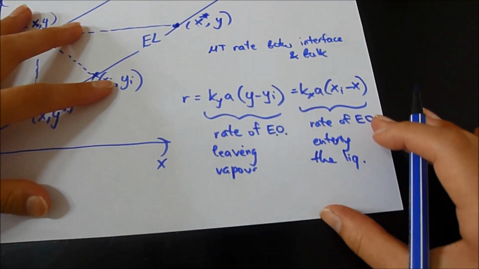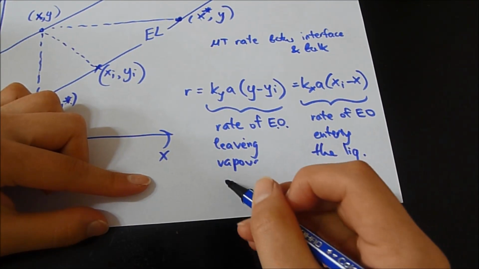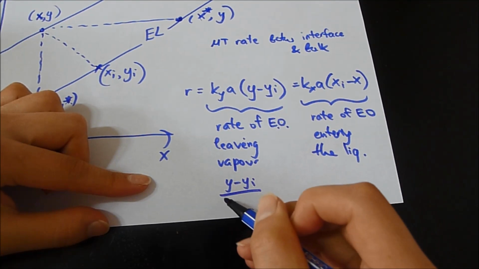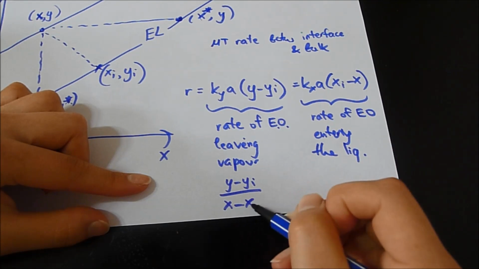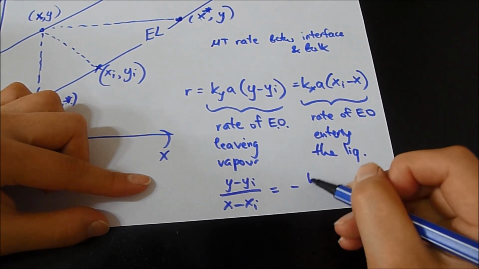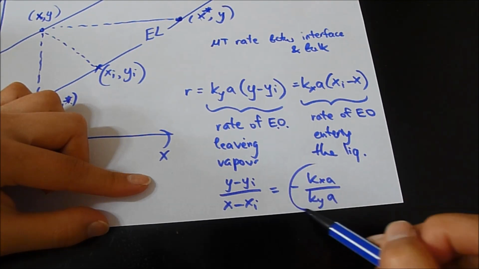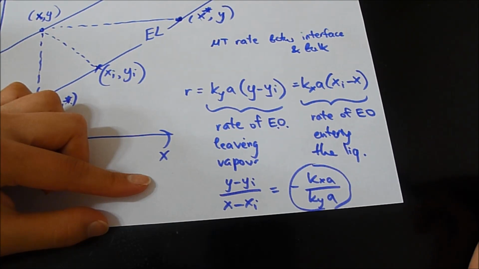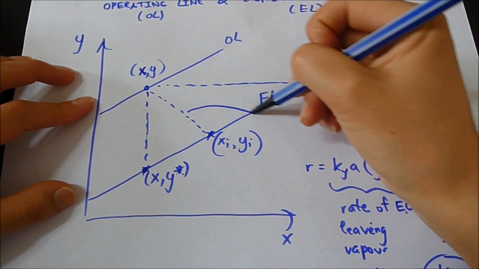So as you can see, we can also write it as y minus yi over x minus xi equals minus kxa over kya. So this is the slope.